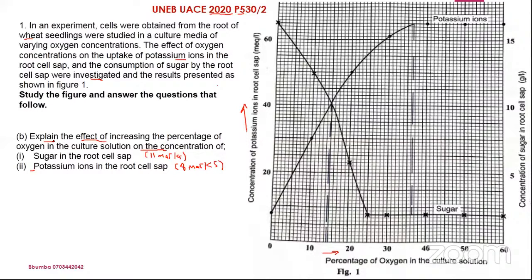This is because active transport is taking place, and there is need for the sugar. The glucose is being oxidized in the presence of oxygen to give out ATP that is necessary to facilitate active transport for uptake of potassium ions in the root cell sap. Yeah, maybe. I'm not really sure.